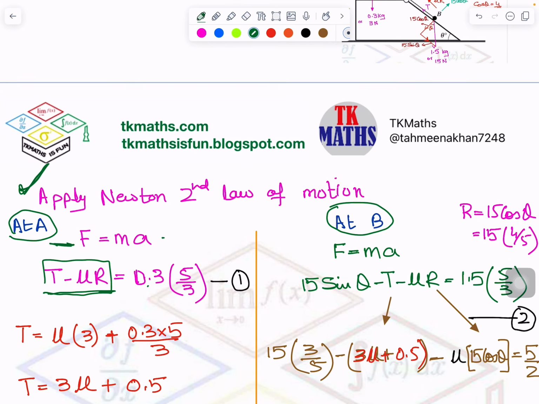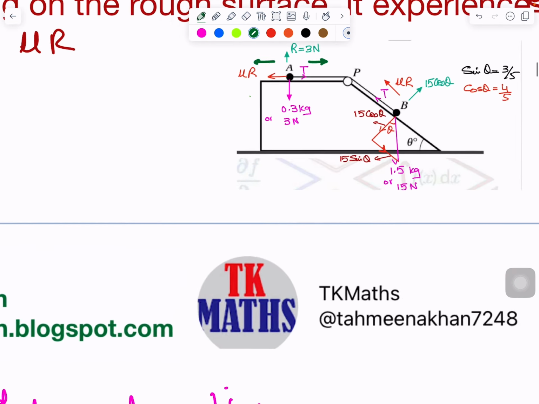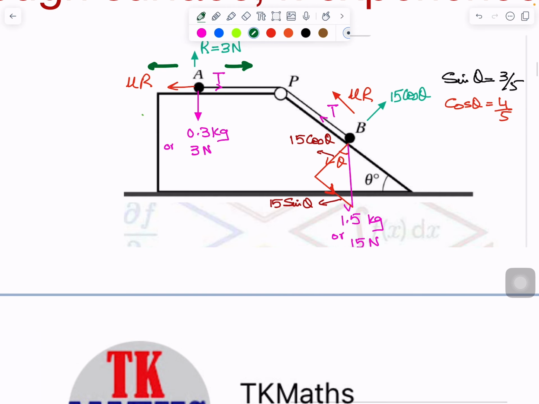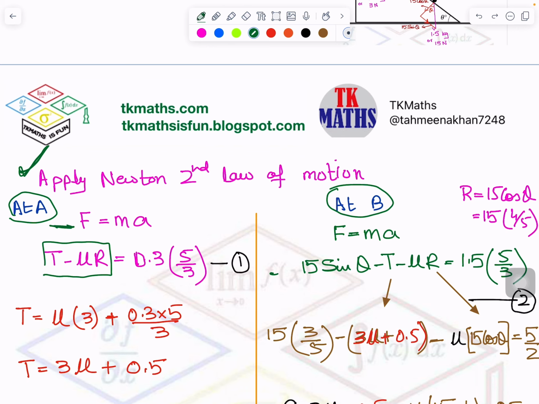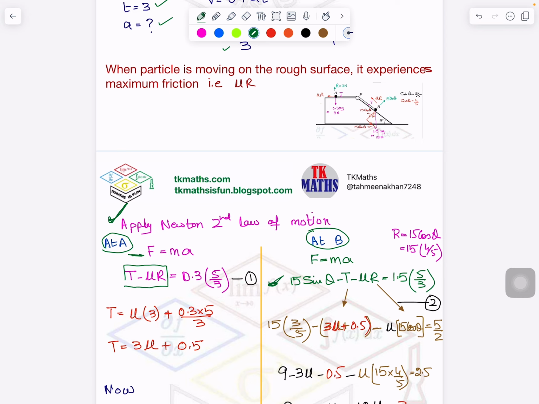Now I have to make equation 2 for B. If you see B, same thing, this is your forward force and this is your backward force. So I will write 15 sine theta minus mu R. This is my second equation. You can see here 15 sine theta minus T minus mu R. Why did I write minus T also?